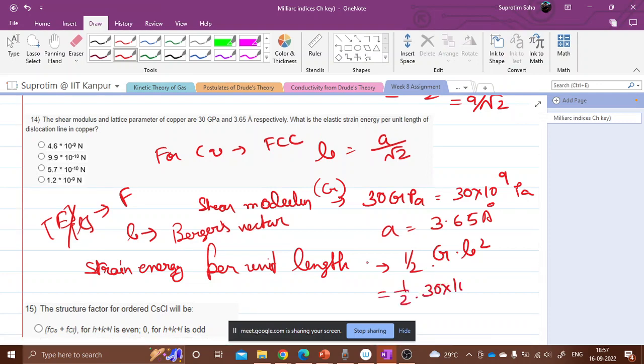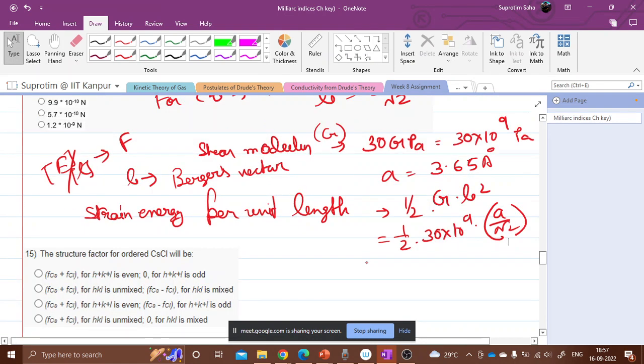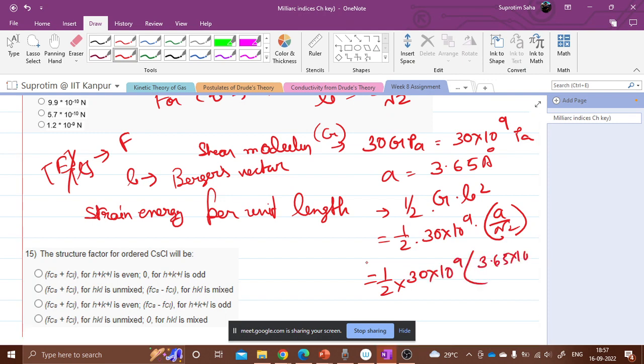So half times 30 into 10 raised to 9 times a over root 2, where a is 3.65 into 10 raised to minus 10, and this is squared.